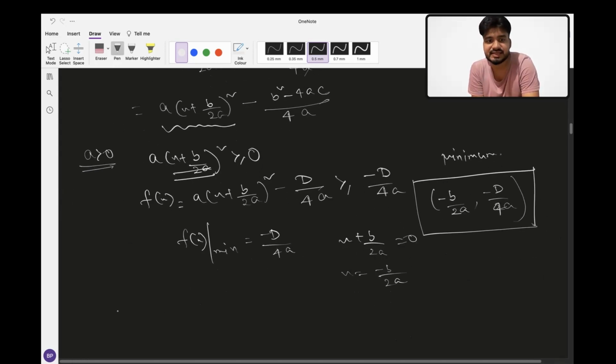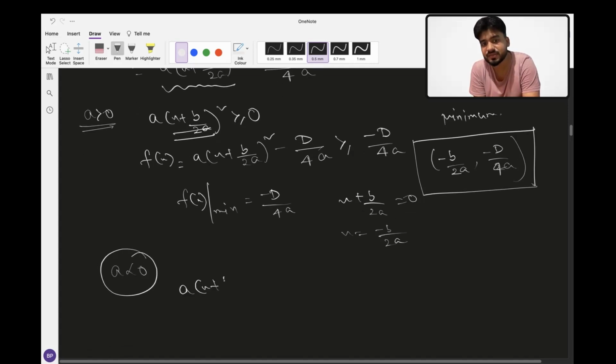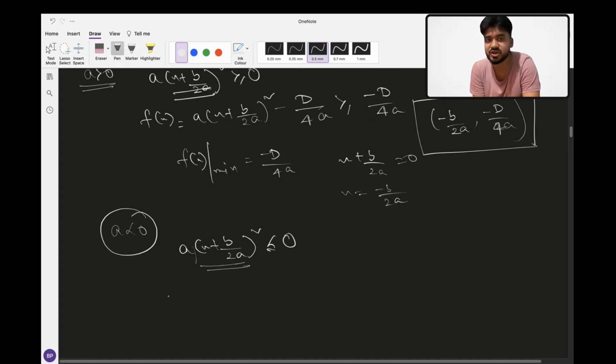But when a is less than 0, the whole thing will be less than or equal to, because this is positive, but if it is negative, the whole expression will be negative. So f(x) equals a into x plus b by 2a whole square minus D by 4a.